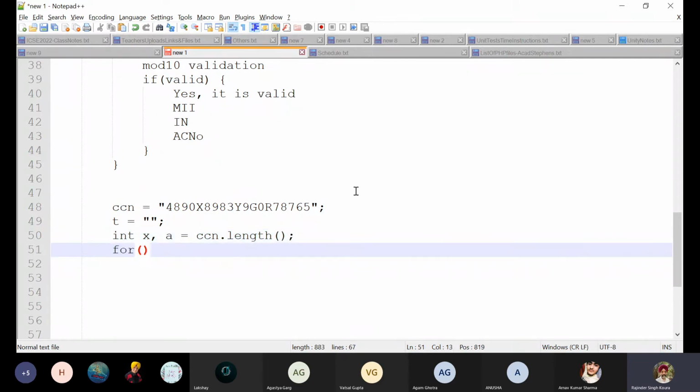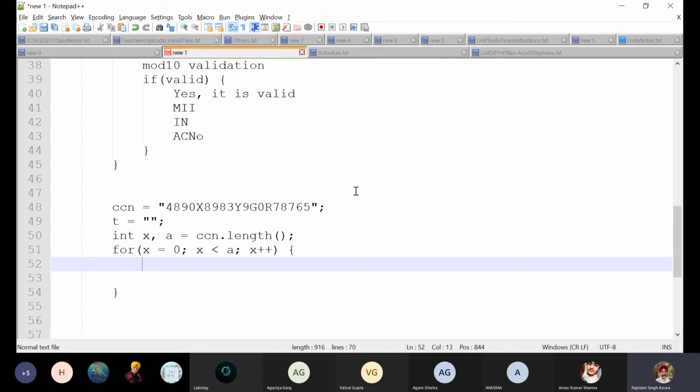I will start a loop where x is equal to 0, x is less than the length, x plus plus. This is my standard loop. I will extract a character: char c is equal to ccn.charAt(x).